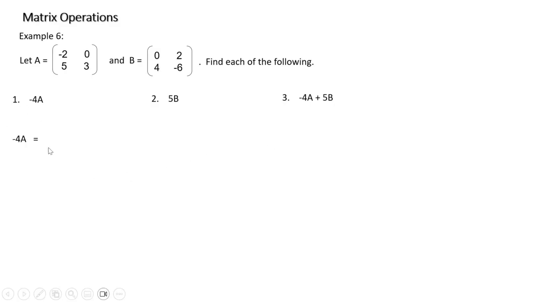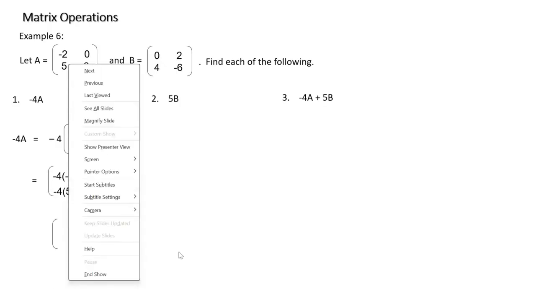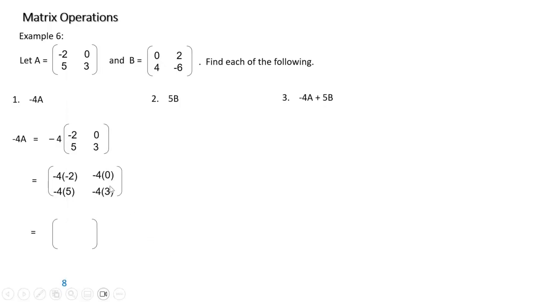So -4A means I'm going to multiply -4 times every element in matrix A. So it's going to give us -4 times -2, -4 times 0, -4 times 5, and -4 times 3. It's going to give us 8, 0, -20, and -12.